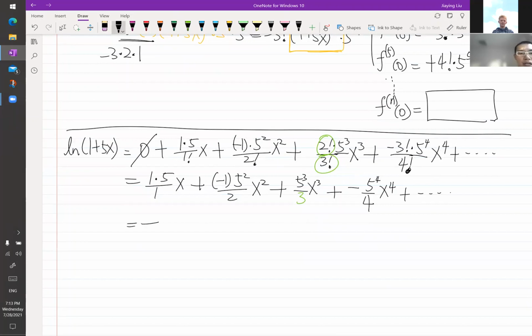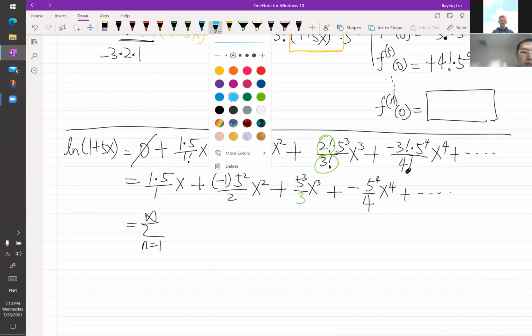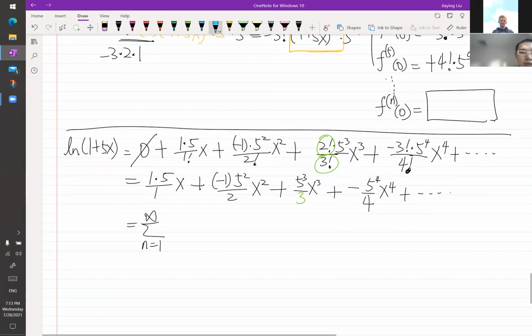So now we can try to write down the sigma notation. In this example, they want you to write the sigma notation as n from 1 to infinity. So that means the first non-zero term in the expanded form corresponds to n equals 1. The next term is n equals 2, the next term is n equals 3, n equals 4, and so on.